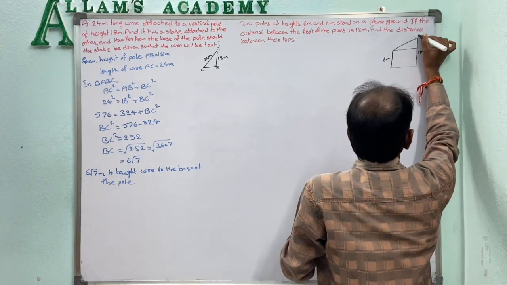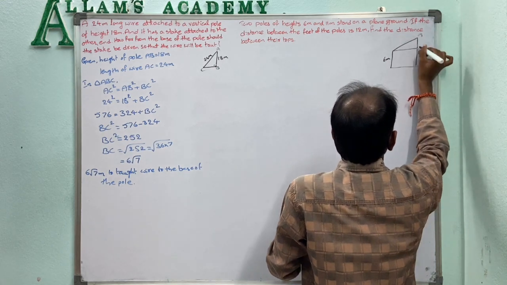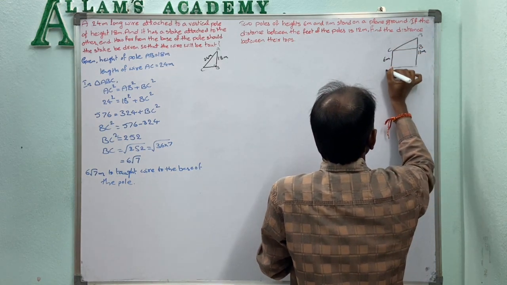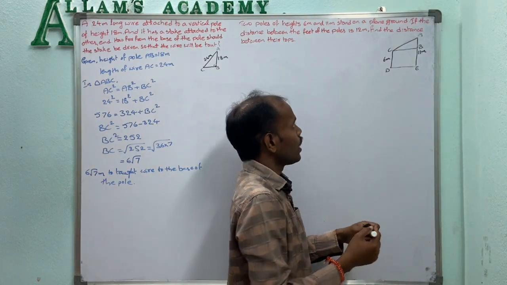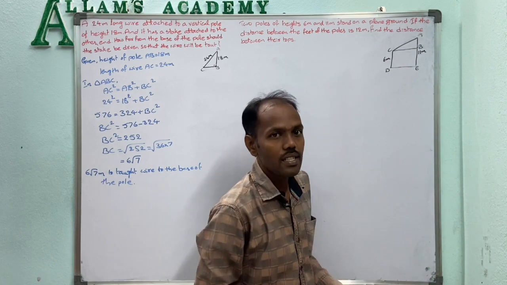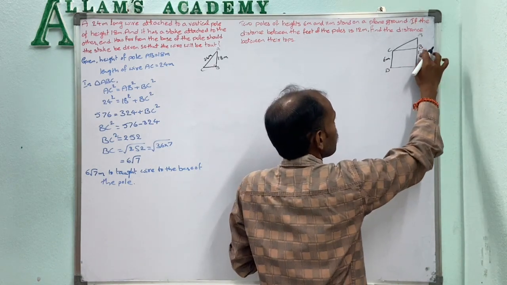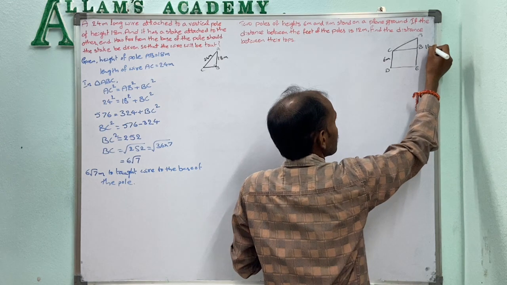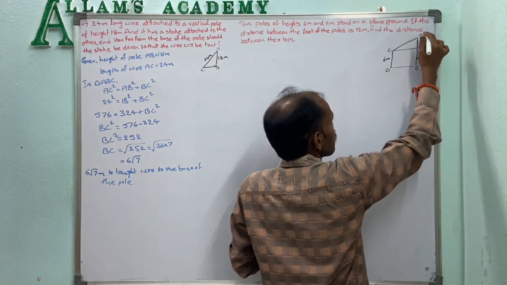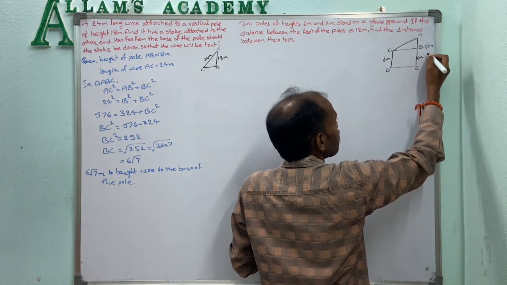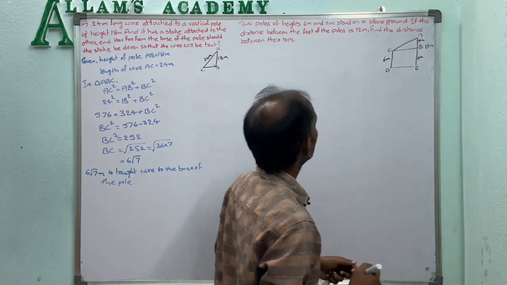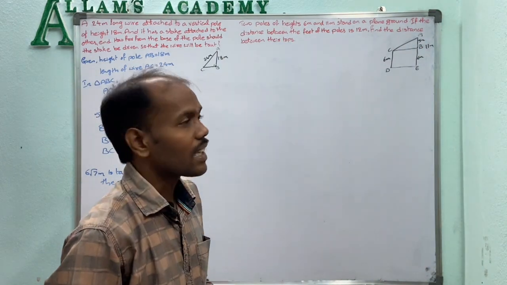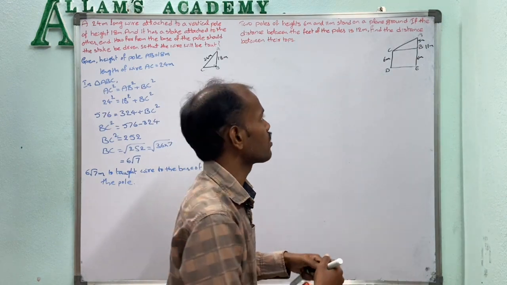Okay, so A, B, C, D, E, those are the points. Now here CD equals 6 meters. So the length of BE is also 6 meters. So the length of AB is nothing but 5 meters, and the distance between the two poles is given as 12 meters.